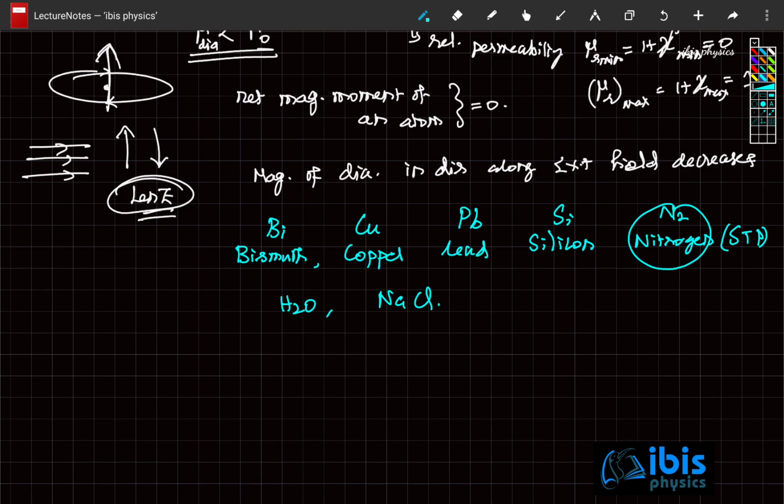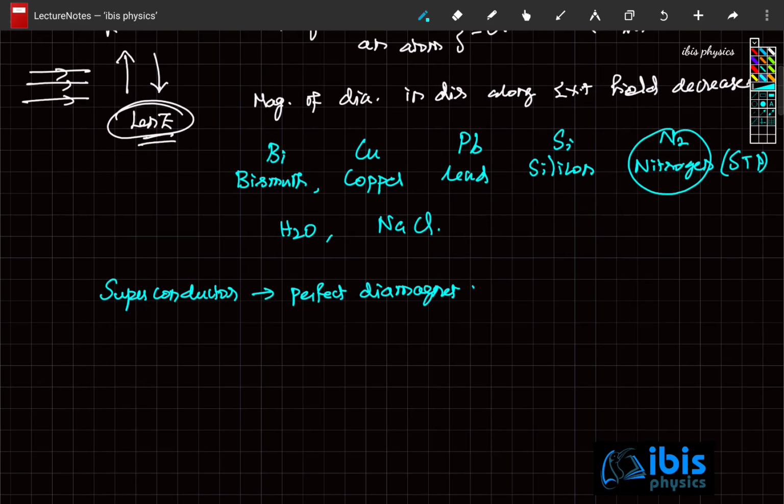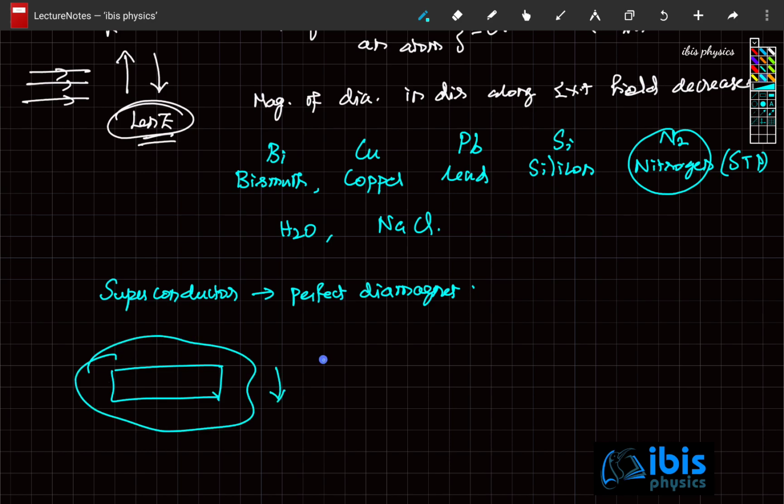The other most important part is that I am going to talk about superconductors. A superconductor is a perfect diamagnet. What do I mean by that? See, generally you take a normal conductor and keep decreasing its temperature very low.